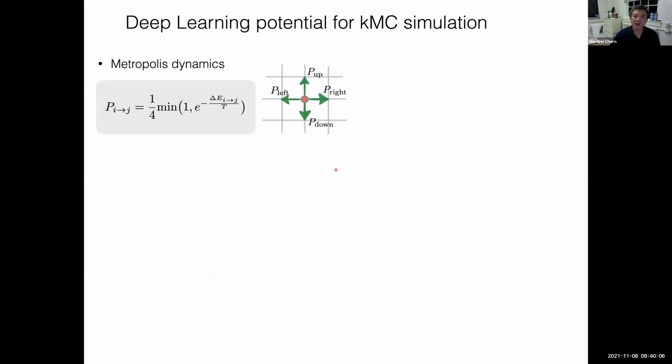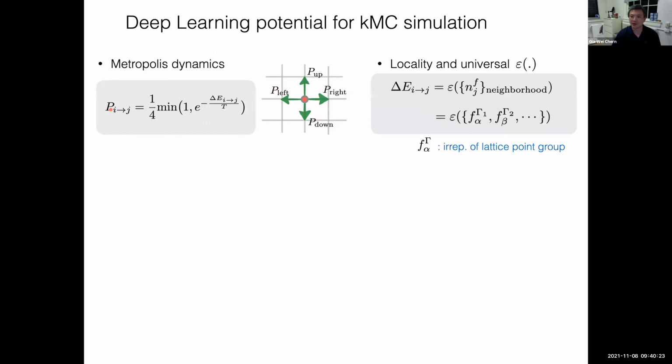Right. So in order to speed up this process, again, we develop a deep learning neural net model. So the goal is to use machine learning to directly predict this transition probability, right?